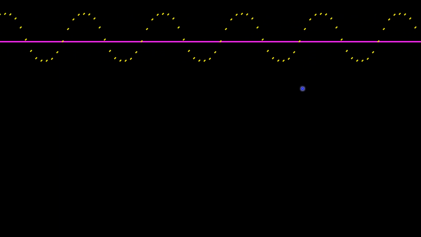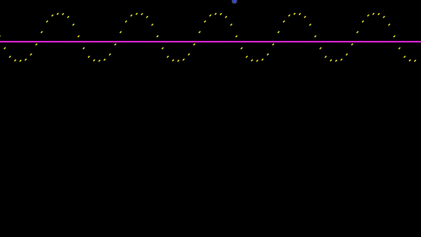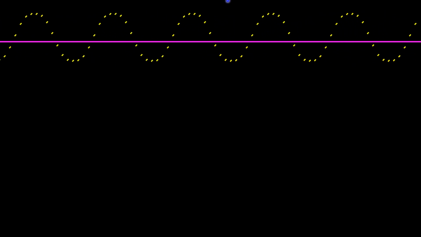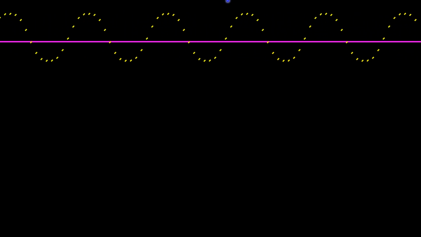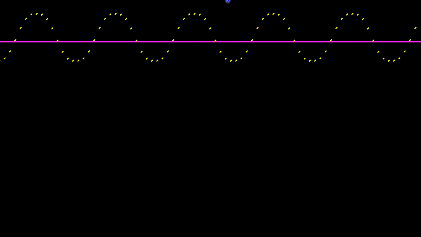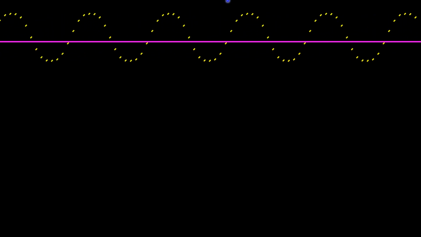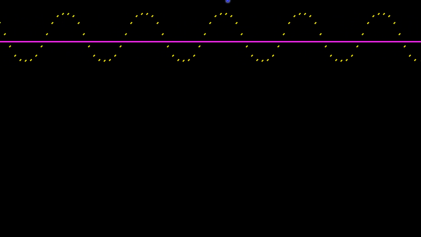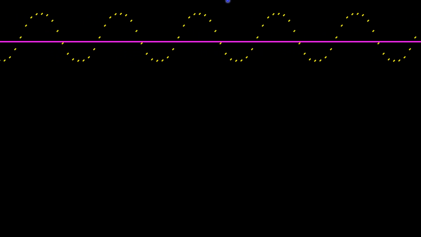Okay, so suppose I check how many waves are crossing this point in 1 second. One wave is nothing but the amount of one wavelength. The amount of one wavelength is called one wave.